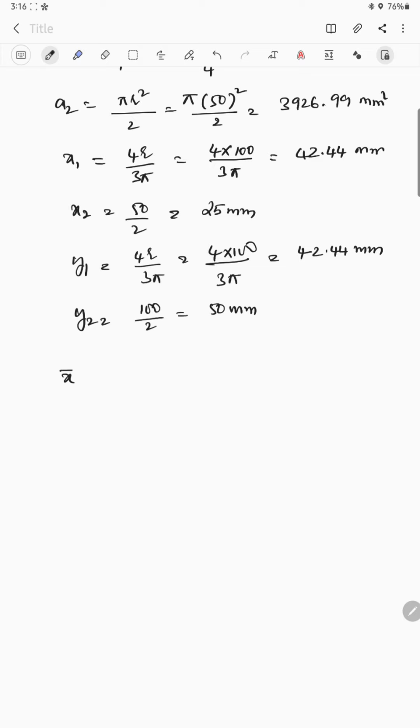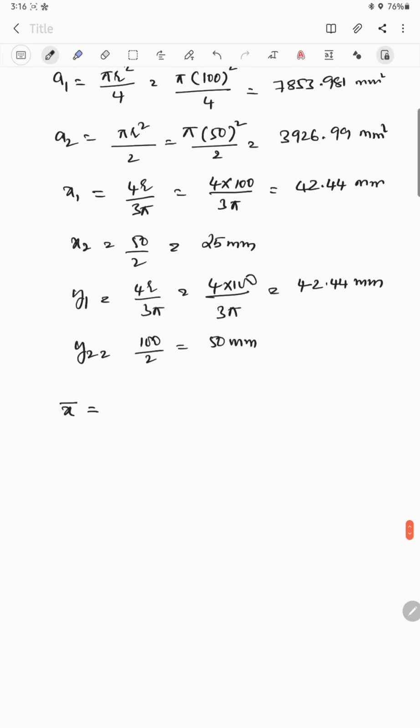So we'll start our formula, that is x bar is equal to a1. What is a1? 7853.981, into 42.44, plus a2 x2, sorry, minus, we have to remove that, right?